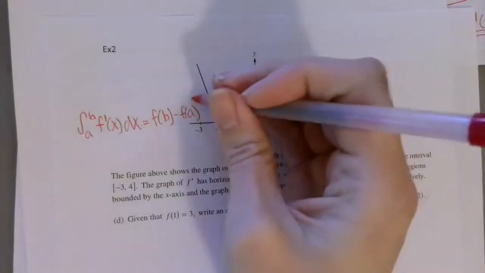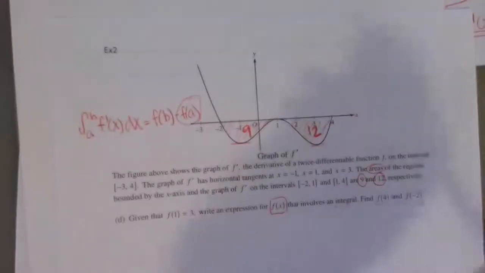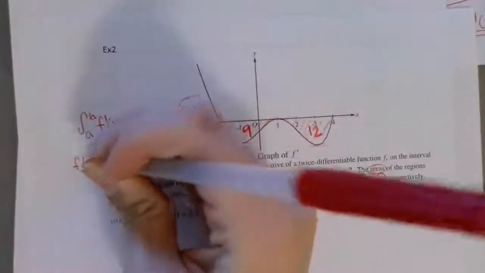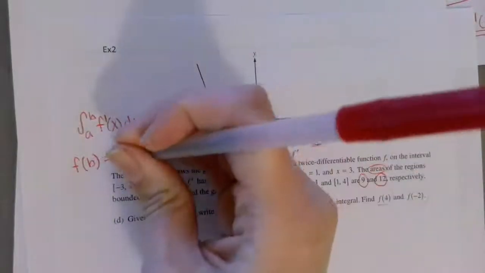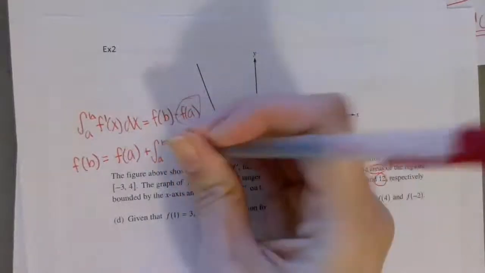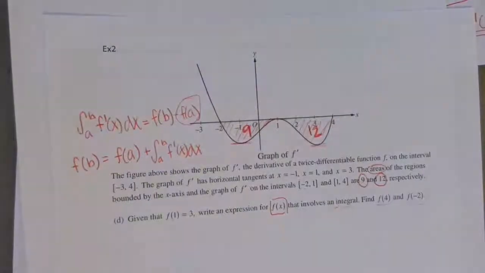We're going to take this initial condition and add it over to the other side. So we're going to get that f of b is equal to f of a plus the integral from a to b of f prime of x dx.